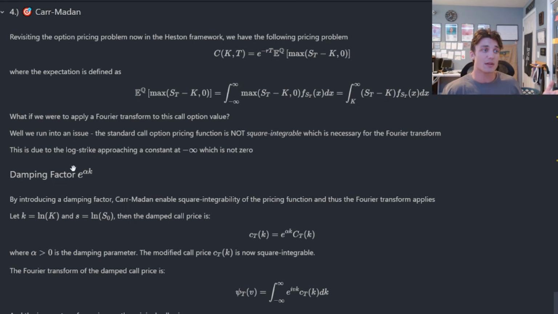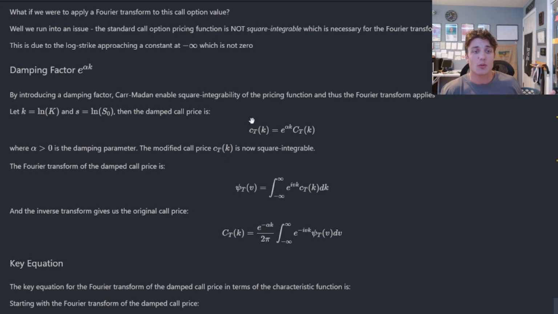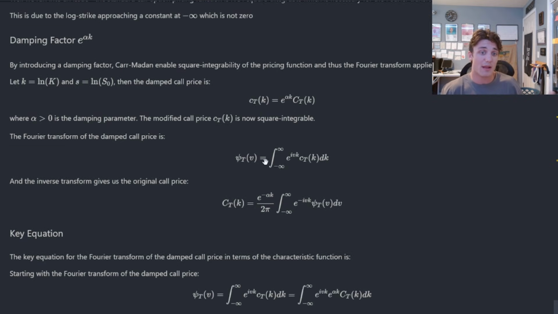Let's introduce a factor that makes it square integrable, that ensures that we satisfy the necessary conditions for the Fourier transform. That is exactly what we see here. We apply this damping factor, and all of a sudden we can apply the Fourier transform to the call option pricing function. And then if we can apply the Fourier transform, time to frequency, we could go back frequency to time. Why is this such an important idea?